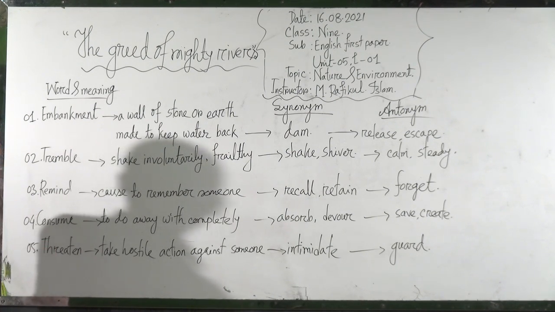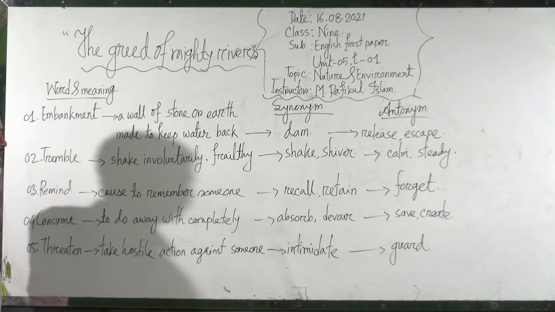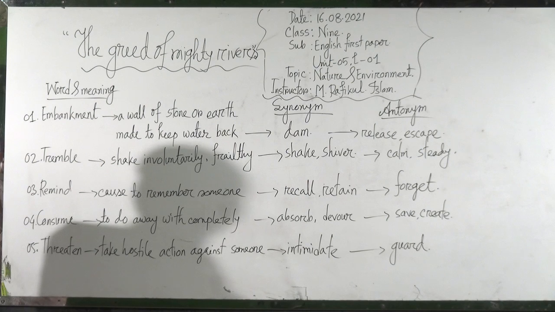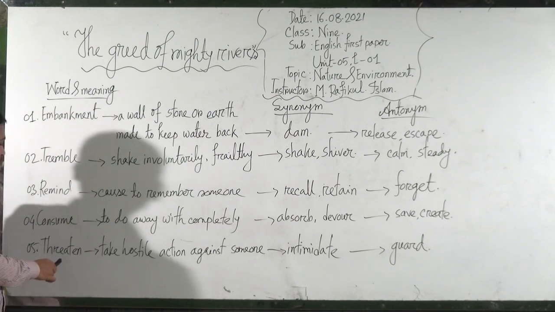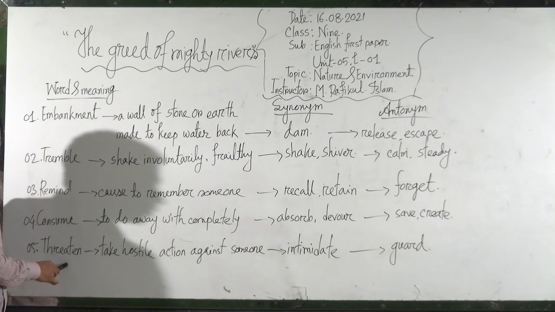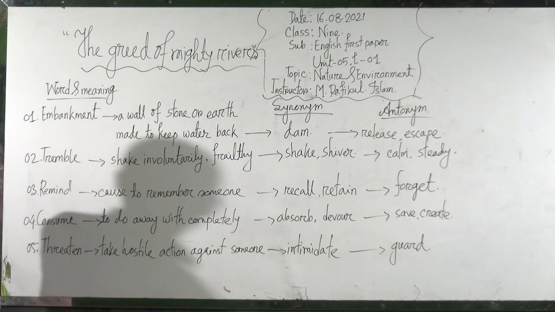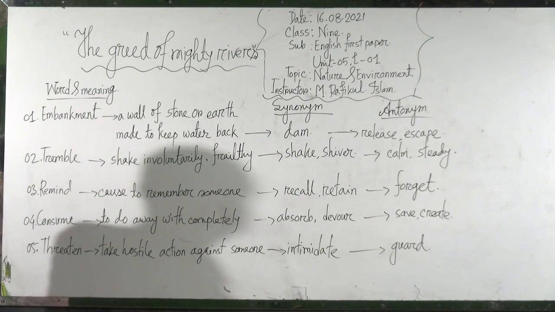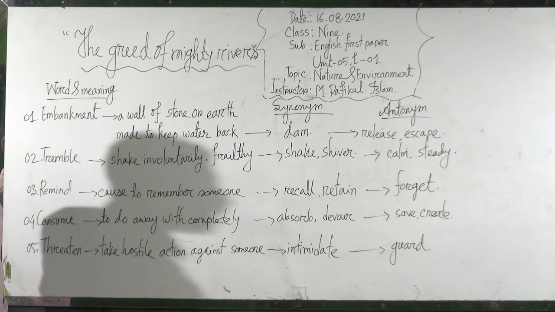It expresses to do away with completely. Synonym: absorb, devour. Antonym: create. And last one, threaten. Dear students, note the pronunciation of threaten. It means to take hostile action against someone or something. Synonym: intimidate. Antonym: guard, protect.